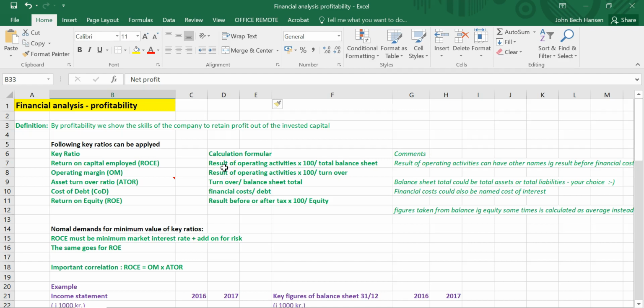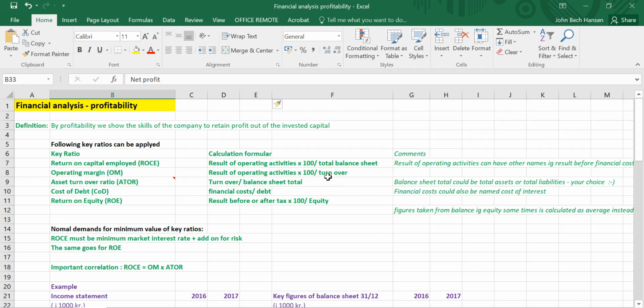We would also like to see how much profit we make compared to the total activities. How busy are we? Now, how busy we are is another term for turnover, because the more turnover we make, normally we'll say the more busy we are. So operating margin is the result of the activities compared to the turnover.